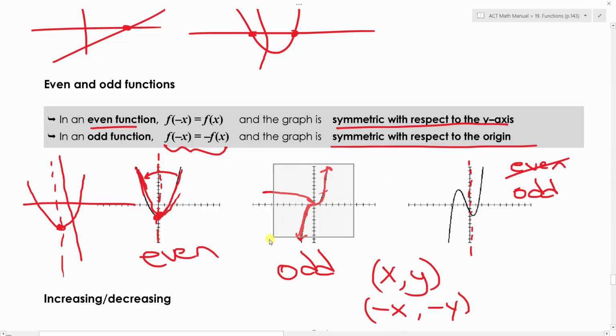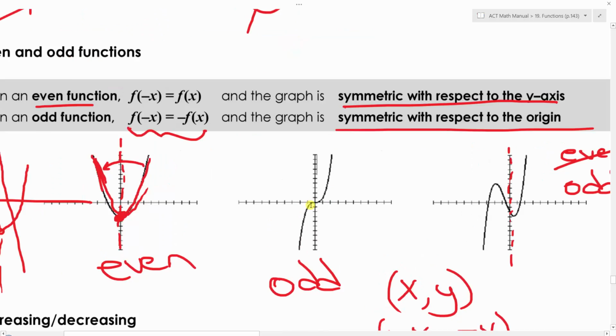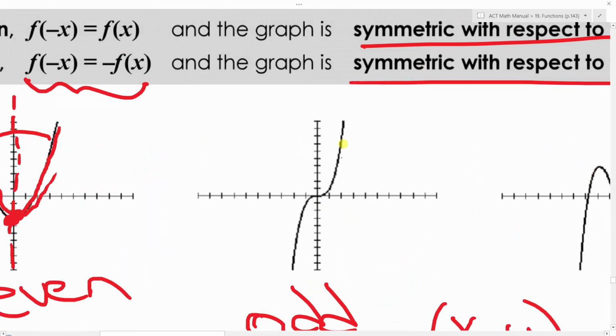And we can go back to this second example and see what that means. Let's pretend that this point here is (1, 2). Okay, it's close enough. So what the definition of an odd function says is that if (1, 2) is on the graph, then the point (negative 1, negative 2) must also be on the graph.